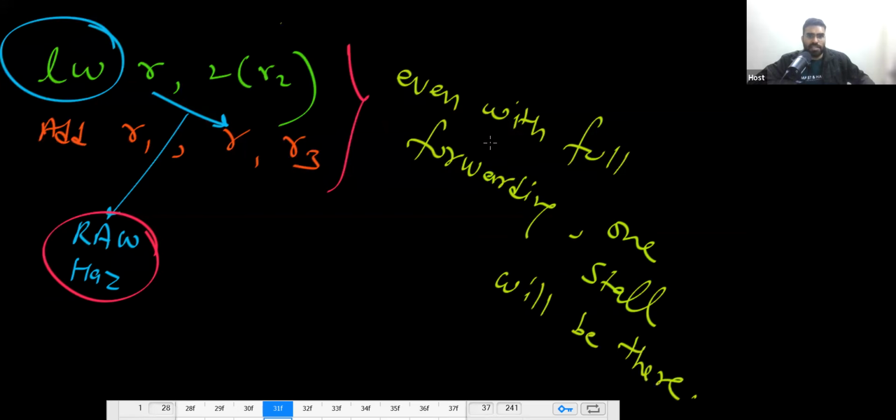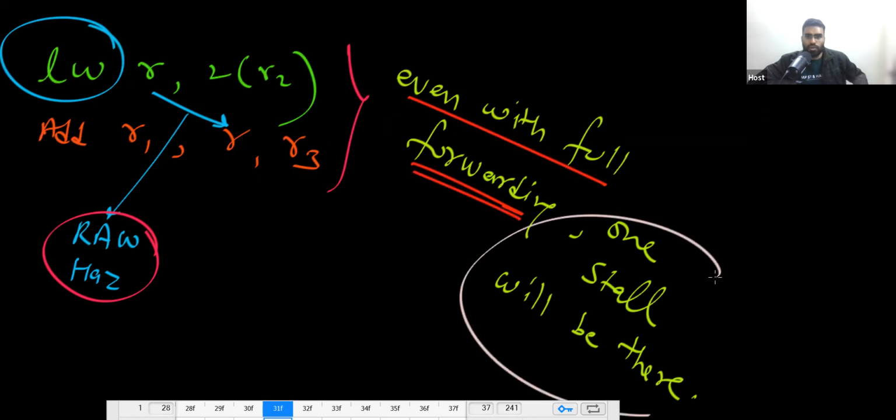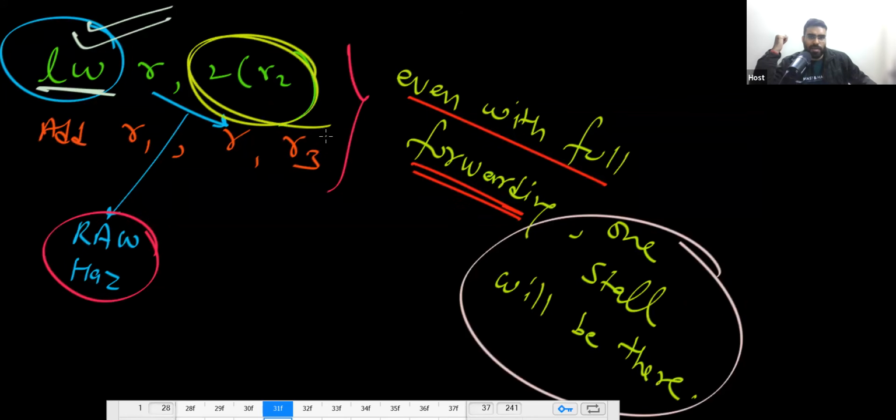This we have already seen in the last class, right? Do you remember? Even with full forwarding, one stall will be there whenever this load instruction is there. Because the problem is this load instruction. This correct value will be available in which stage?